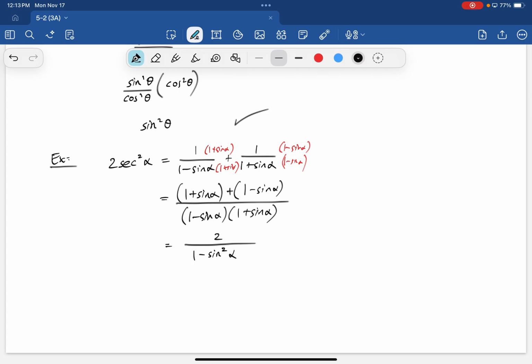Got it? But then 1 minus sine squared is just cosine squared. So this is 2 over cosine squared alpha, which is just 2 secant squared alpha. All right, so it's just algebra.